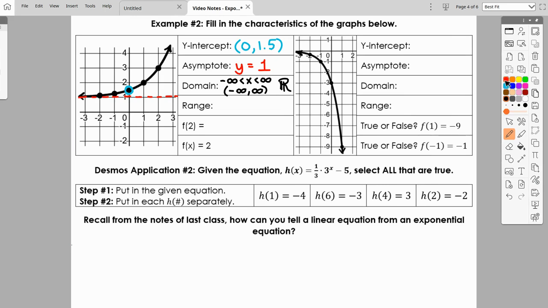For the range, I'm always going to start by setting up y because range is my y value. I will pull down the asymptote because that's the do not cross line. And all I have to decide is what's going to go ahead and be between my y and my 1. A less than sign or a greater than sign is my only 2 options.